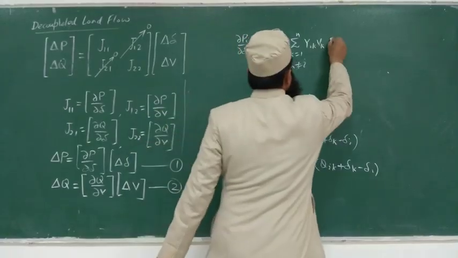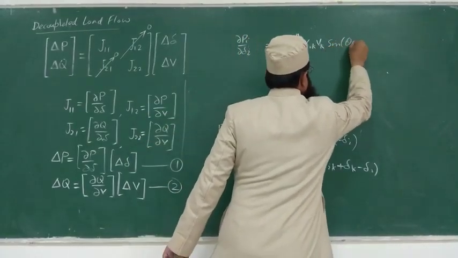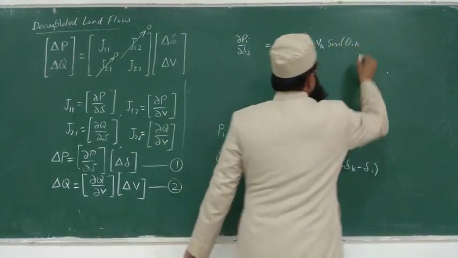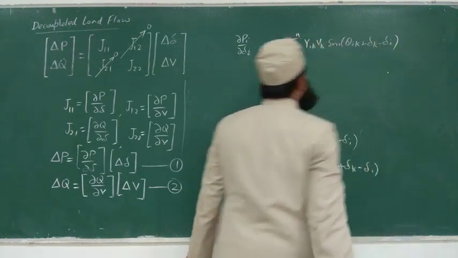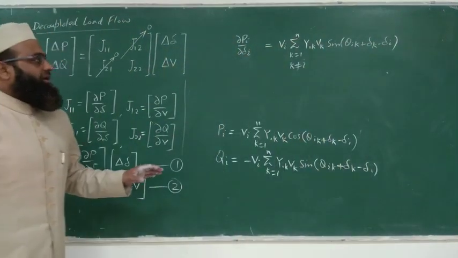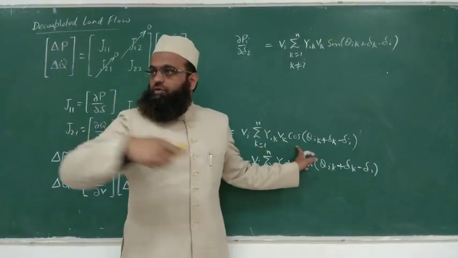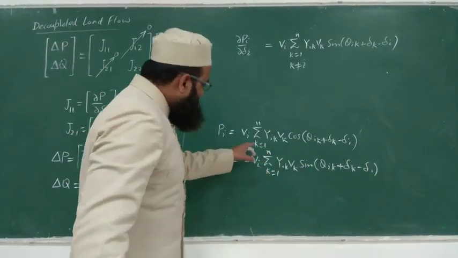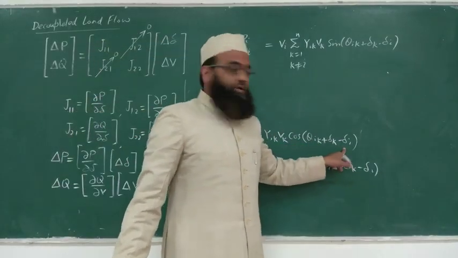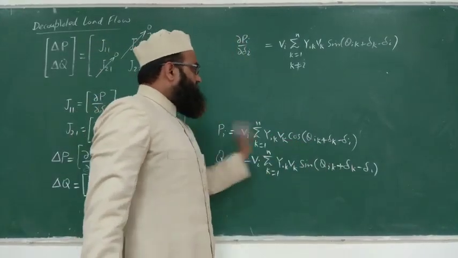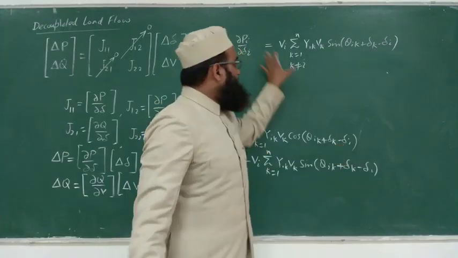This has now become sine of θ_ik plus δ_k minus δ_i. Clear? Is it clear to all of you? Yes, sir. So except the ith term, all terms have this δ_i. And this is cosine, so negative of sine of this, and this is minus, so positive. Just take it.